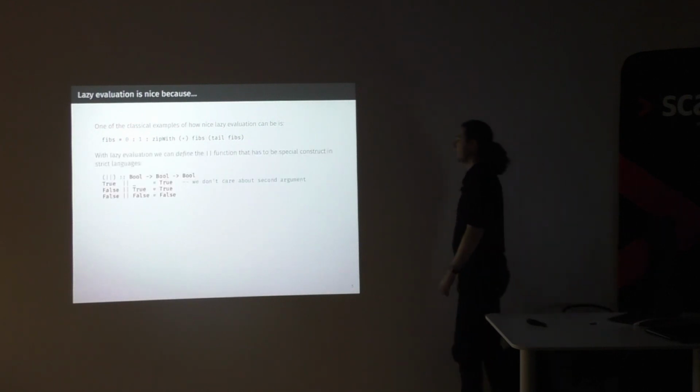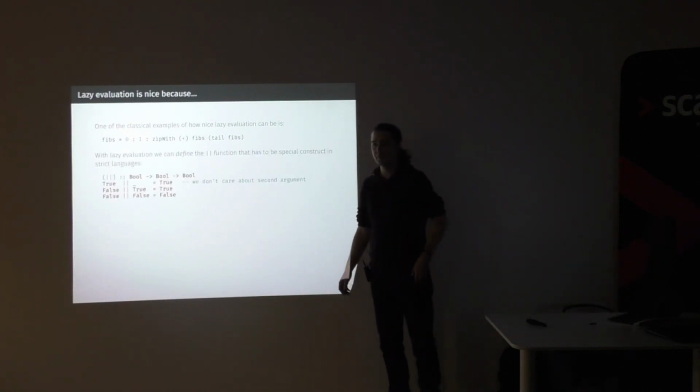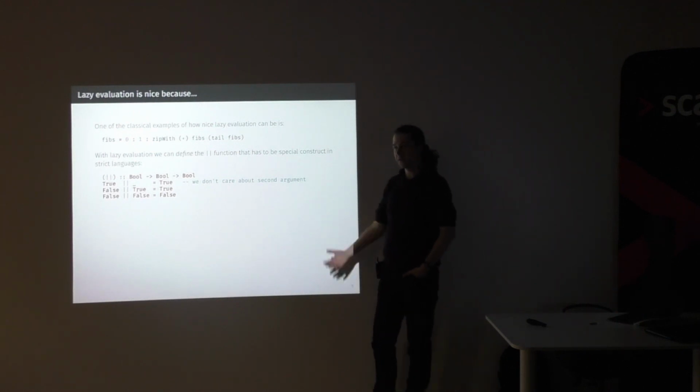Okay, the other example is logical OR, something which in a strict language has to be a special construct supported by the language, because usually we are used to the fact that OR shortcuts, the same with AND.